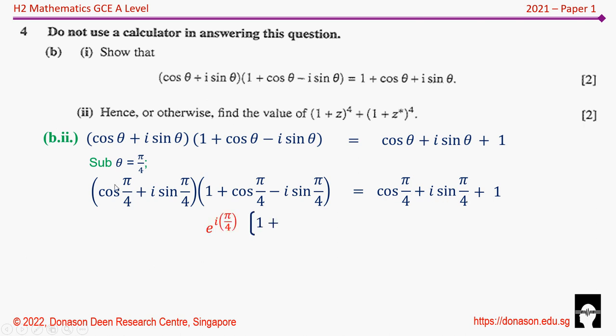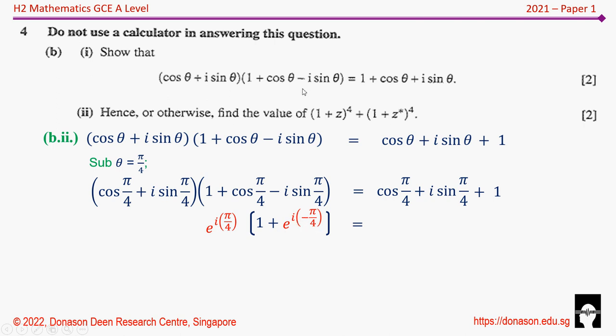So if you change this into exponential form, this is going to be e to the i pi over 4, because the argument is pi over 4. This part here is 1 plus, if you recall, we could change the minus by changing it into minus pi over 4. So this simply is going to become e to the power of i times minus pi over 4.